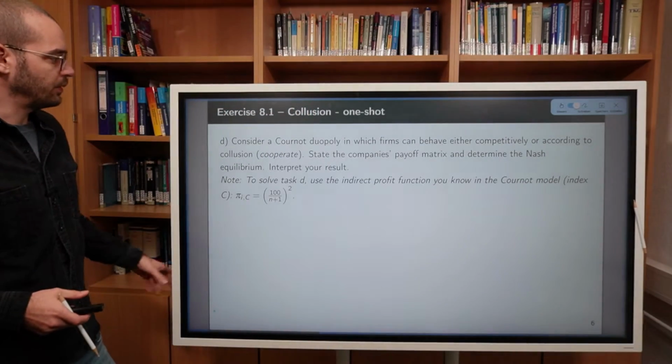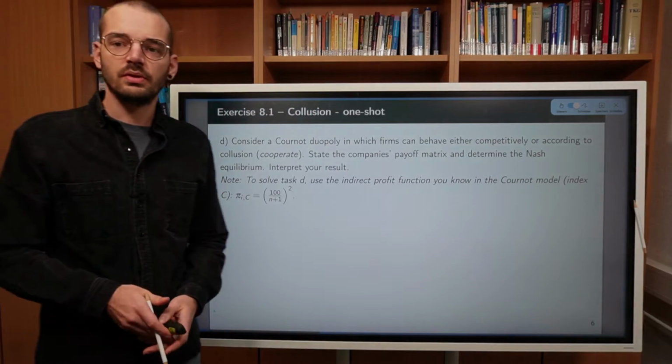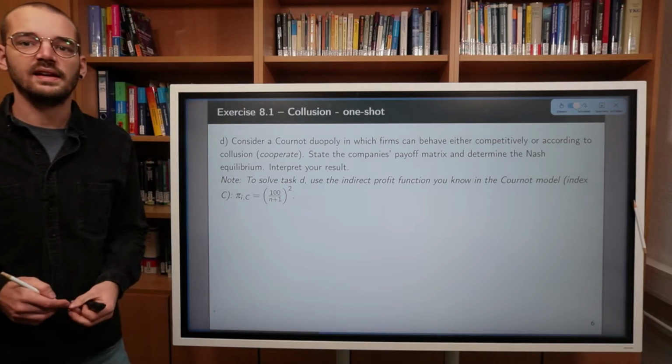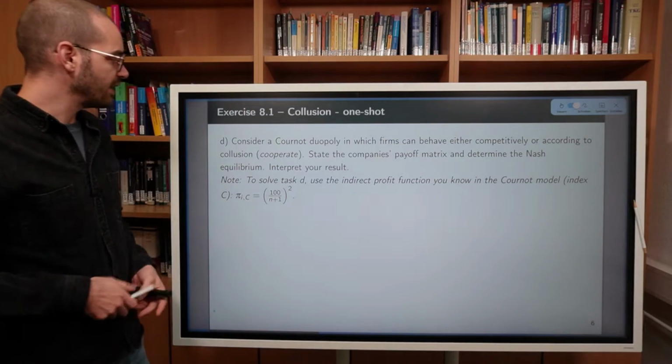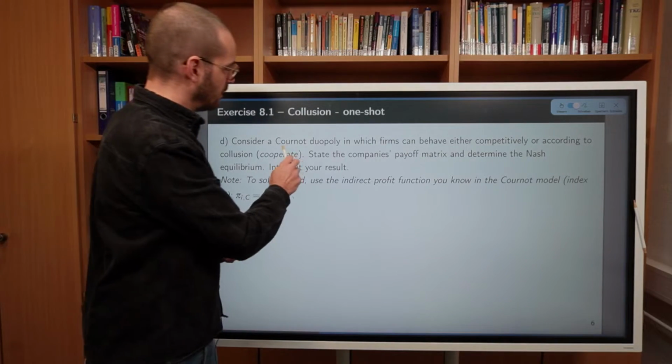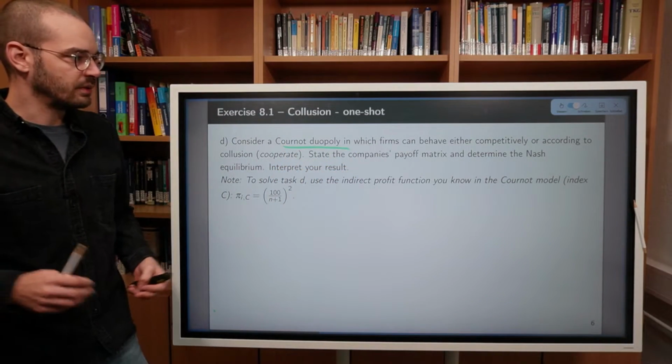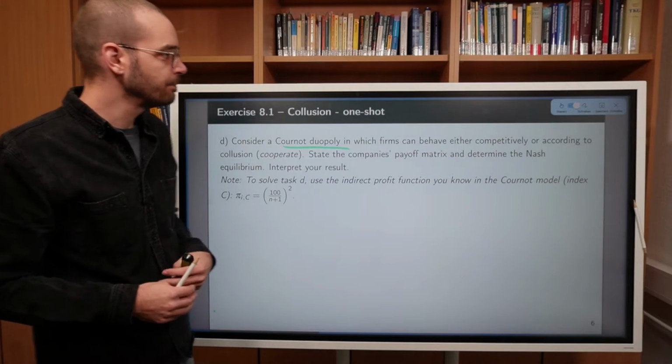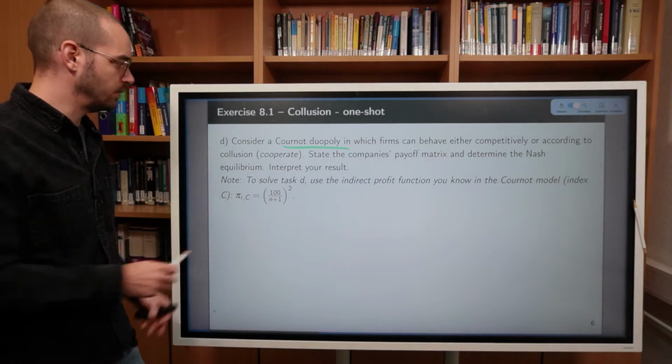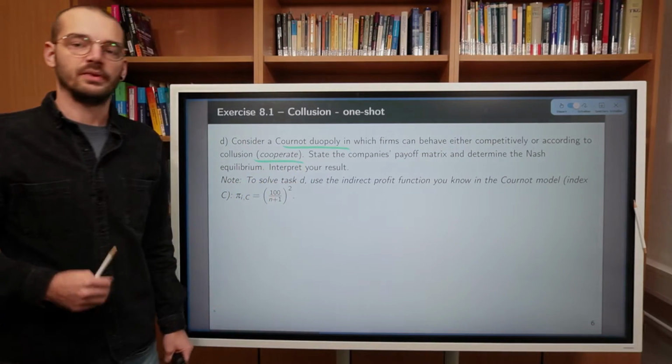All right, now under task D, we're asked to consider a situation where n takes a value of 2. Or in other words, we are asked to consider a Cournot duopoly in which the firms can behave either competitively or according to collusion, which we will call cooperate.